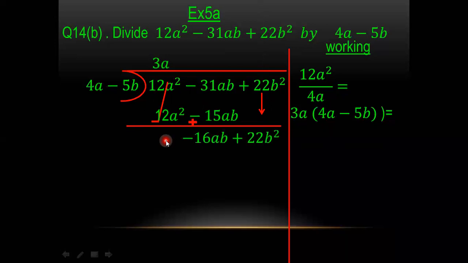Now I'm doing this step over here, and now this minus 16ab is divided with this 4a to get a hint of the next term which we have to write over here, right? So let's see that after dividing minus 16ab with this 4a, what do we get? Because it is minus, it is plus, so they are of different signs.